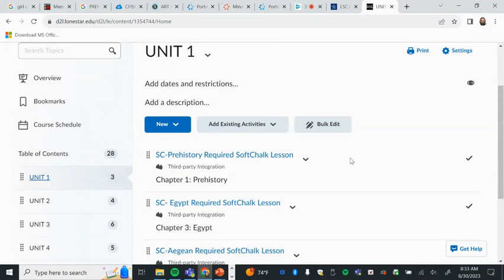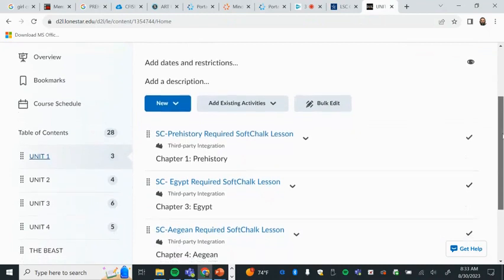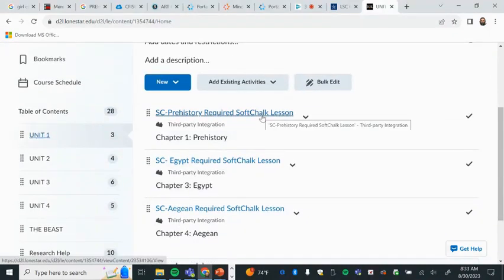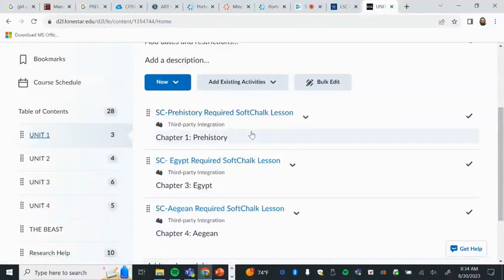Be sure to do the soft chalks when I assign them, or try to do the soft chalks before the lecture. That's when they work the best. The students that I've had in the past say that soft chalks are best when they precede the lecture. If you wait until the end to do the soft chalks, then they become a chore and are unpleasant. So make sure you do those early.